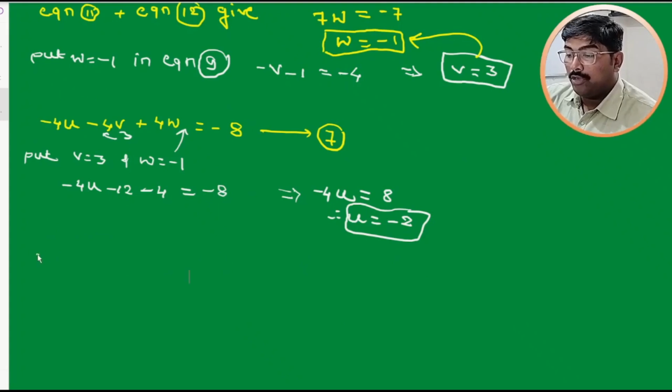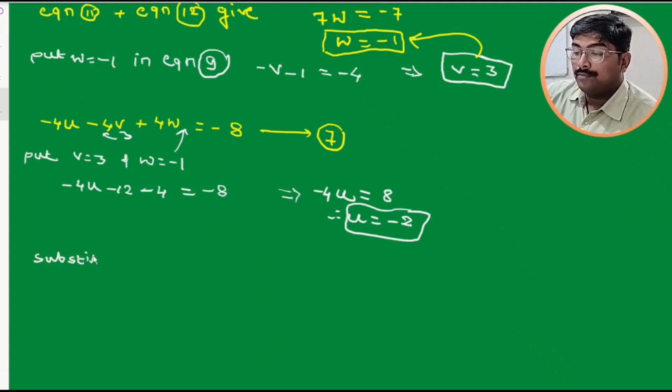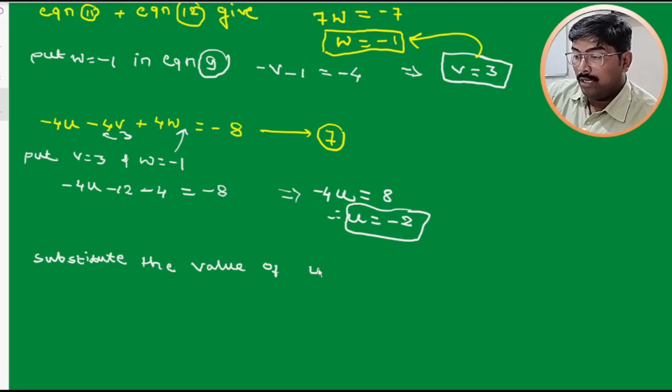Now substitute the value of u is equal to minus 2, v is equal to 3 and w is equal to minus 1 in equation 2.